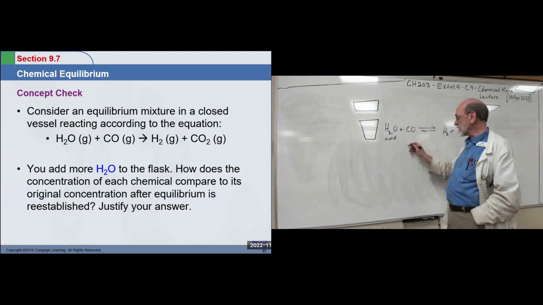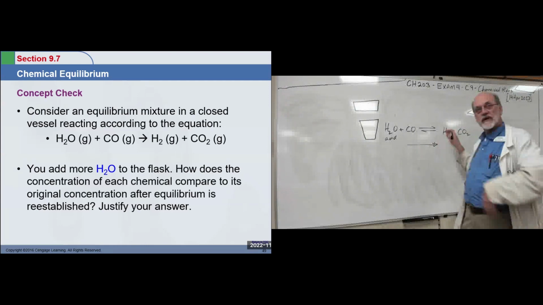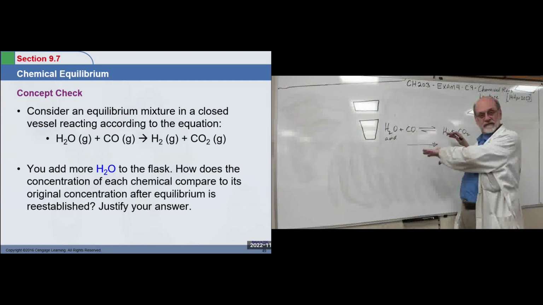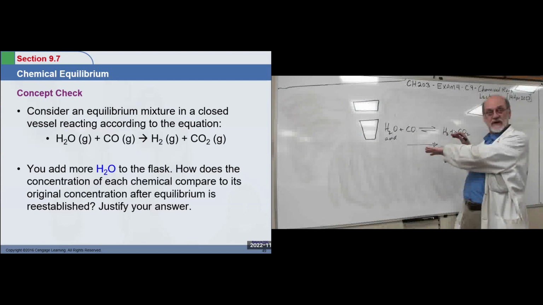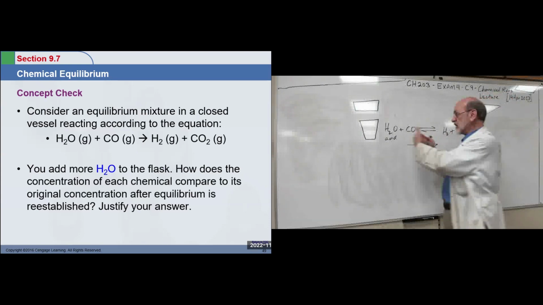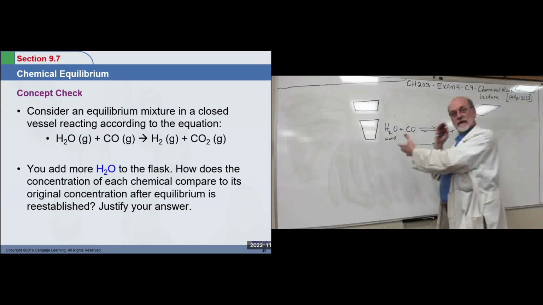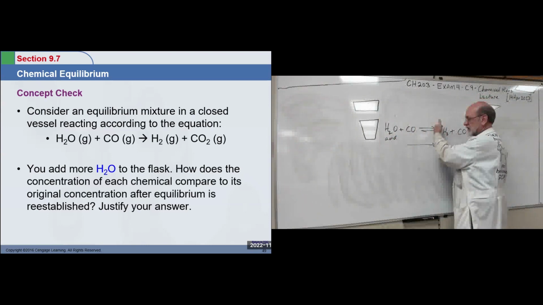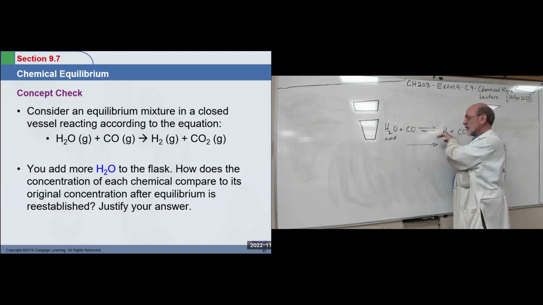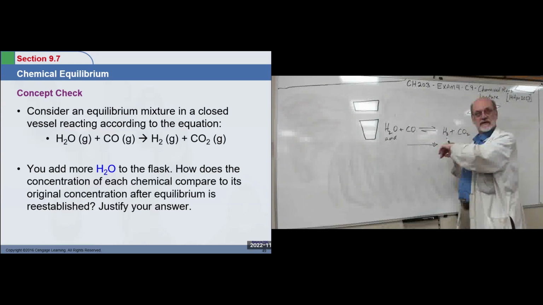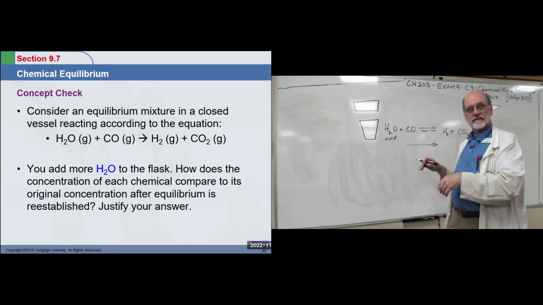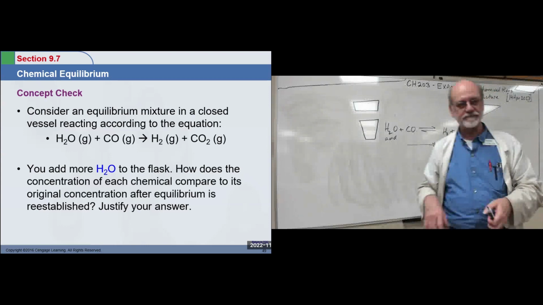The reaction is going to shift this direction until we reestablish that balance. Okay? That's because we have more collisions over here than we did before. So the reaction rate forward is going to speed up until the reverse reaction balances it out.